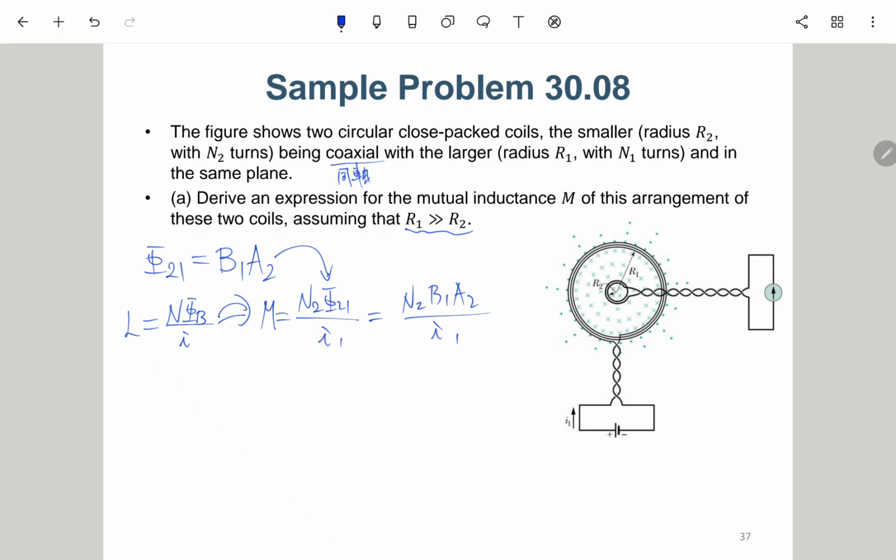And here we make use of Bz equals mu 0 I R squared over 2 times (R squared plus z squared) to the 3 over 2 power. Where does it come from?